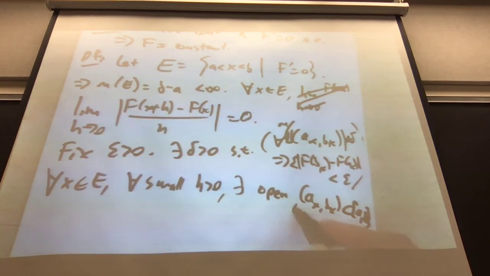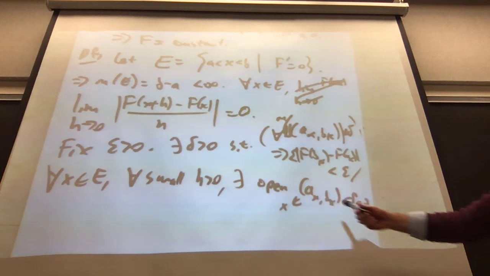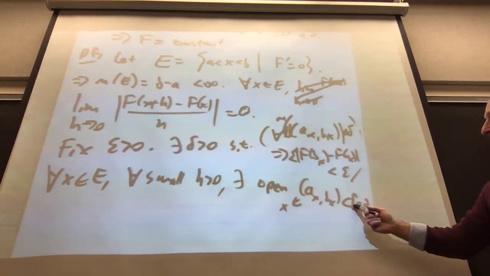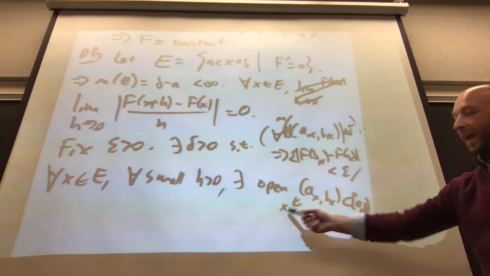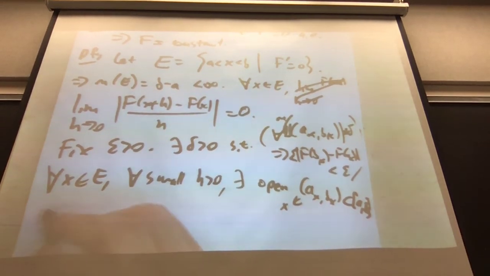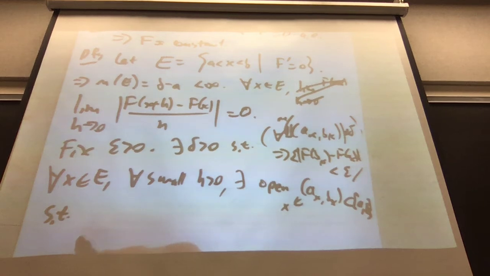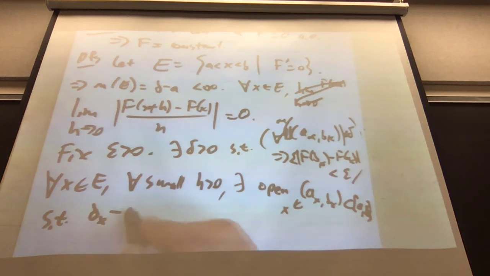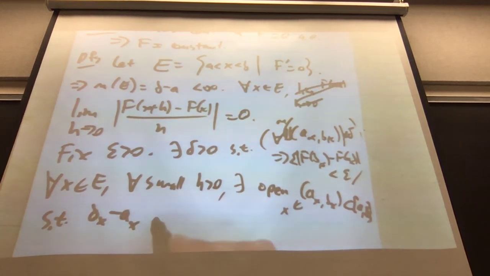And this contains x. So there exists an open interval (a_x, b_x) contained in [a, b] containing x such that b_x minus a_x is at most h.